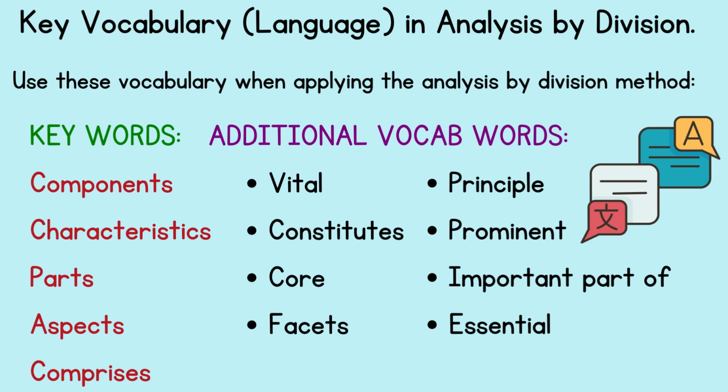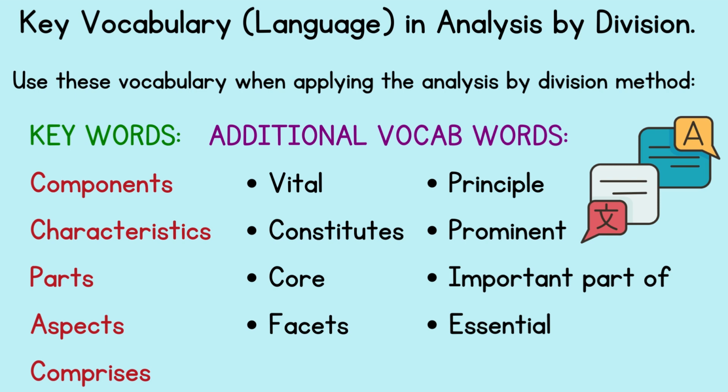So keywords, these are like the main words that you will see in a topic that lets you know that you need to apply the analysis by division method, or these are the keywords that you can use: components, characteristics, parts, aspects, comprises.